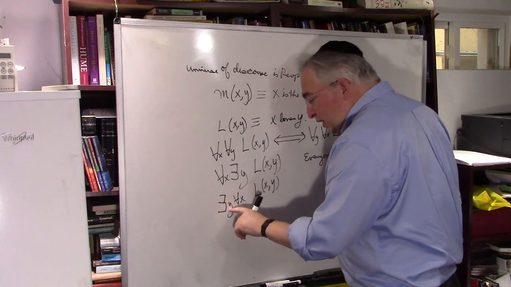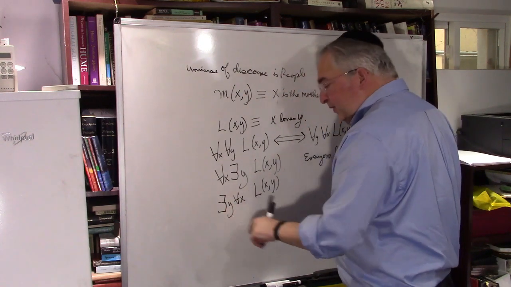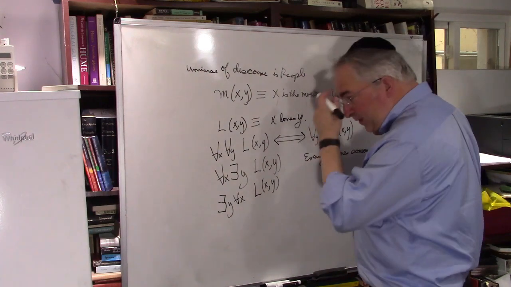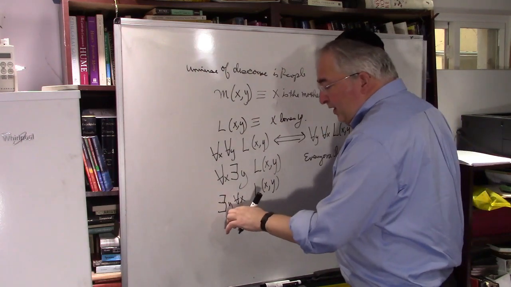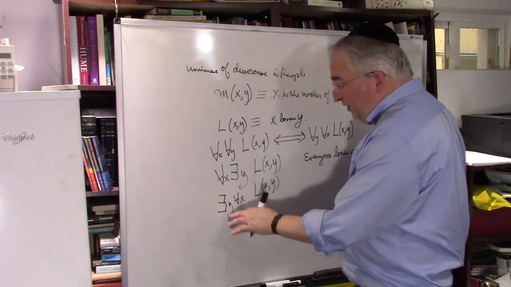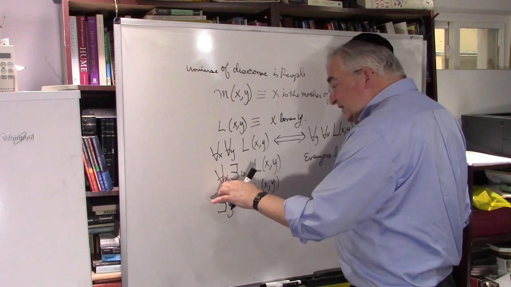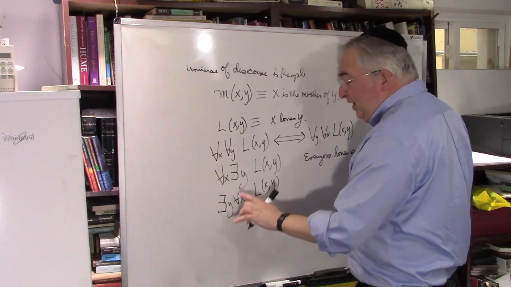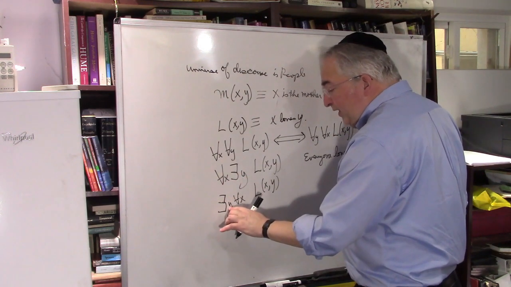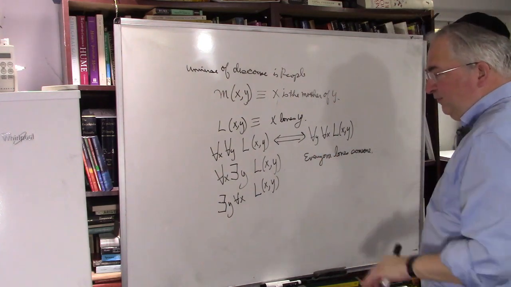This says there is at least one person, and everyone loves them. So you might say, oh look, everyone loves Mickey Mouse. Here, for every x, there could be a different y. Here, it says there is a y that everyone loves. So they're two different things.